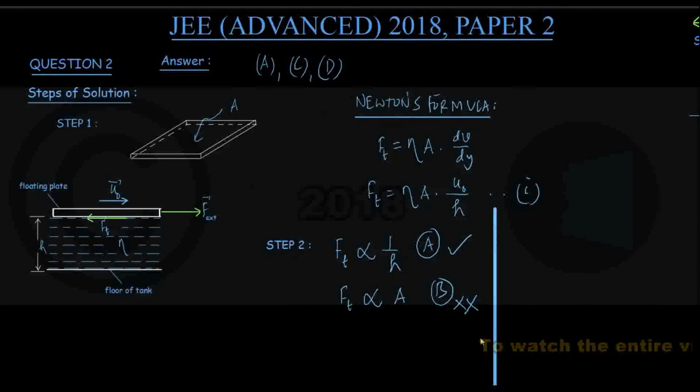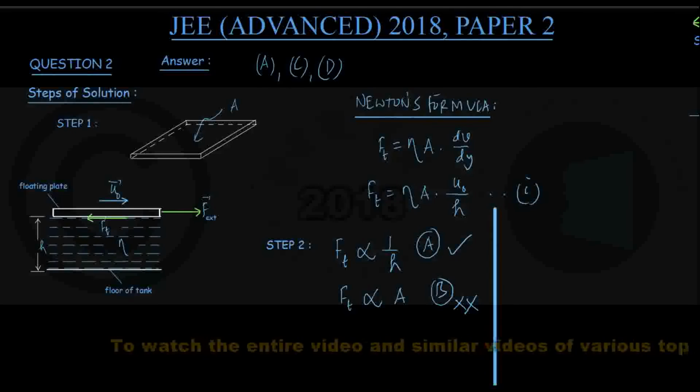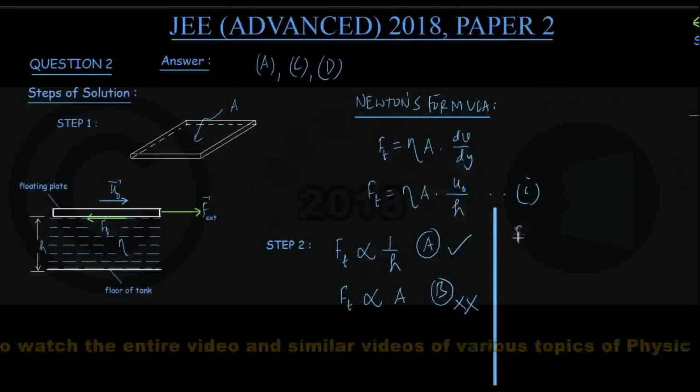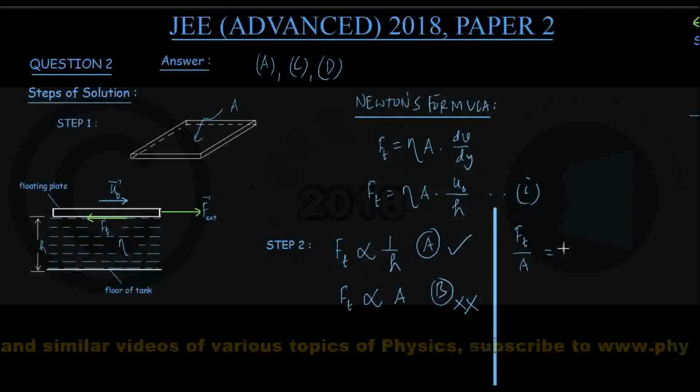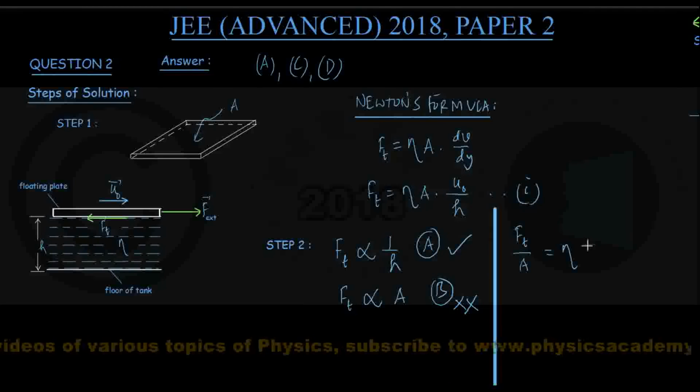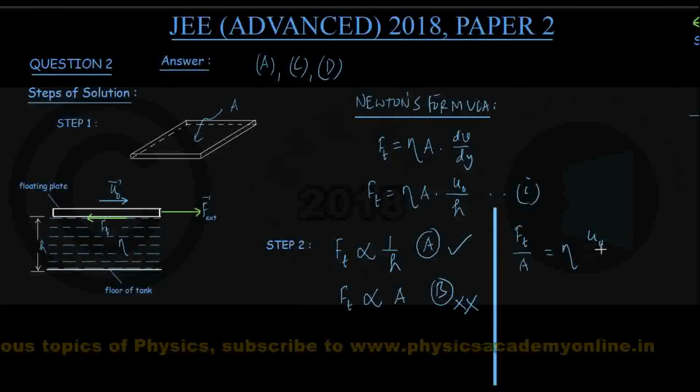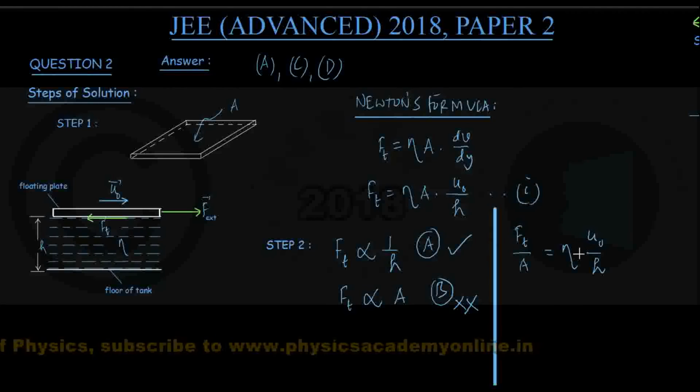Next, you can see from here that if I bring A to the left, you can write down Ft by A, that is equal to eta into u0 by h.